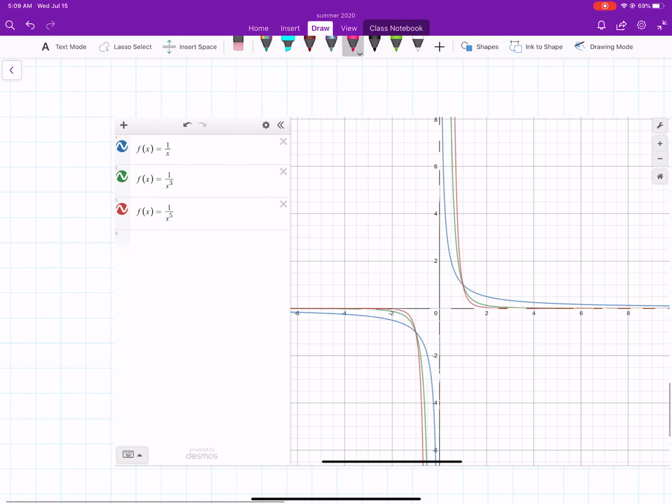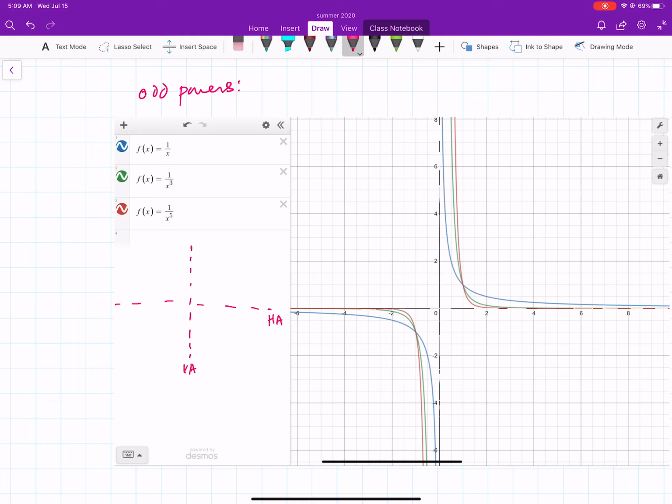All right, now let's look at the last one. The last one here is when I have odd powers. And to do this, you can clearly see when you sketch 1 over x, 1 over x cubed, 1 over x to the fifth, that the graph again has a horizontal asymptote and a vertical asymptote. So this is your vertical asymptote, this is your horizontal asymptote.